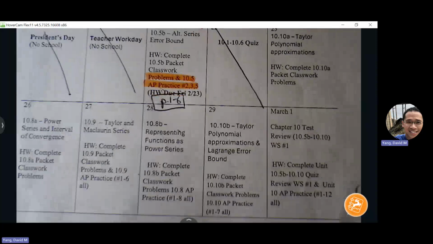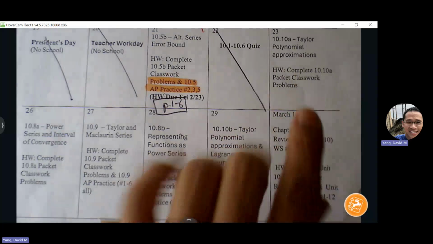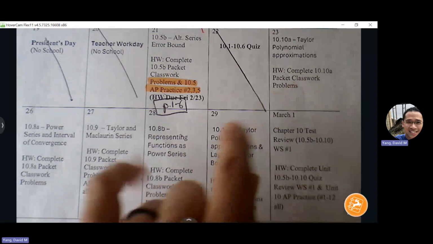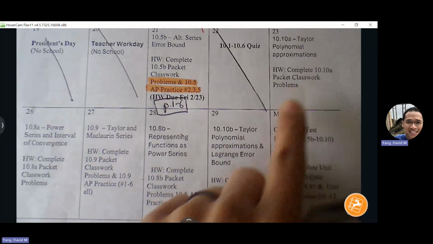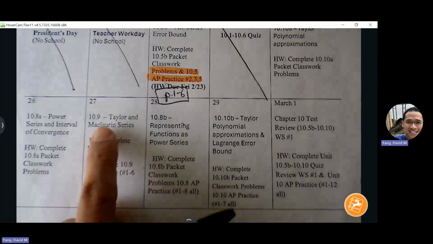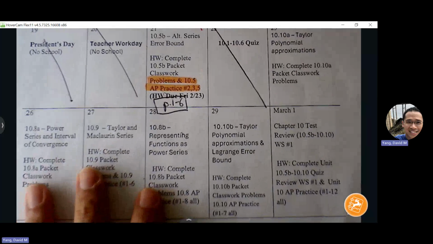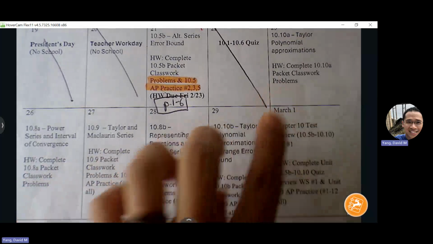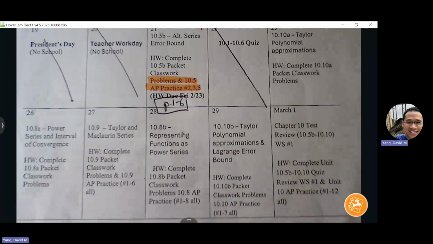Some of these sections we're not finishing until the following day or the day after, so sometimes the AP practice problems are not assigned until we fully finish that section according to the book order. But we have a few more sections to go. We have lessons today, and then new material Monday through Thursday, and we can start our test review next Friday.